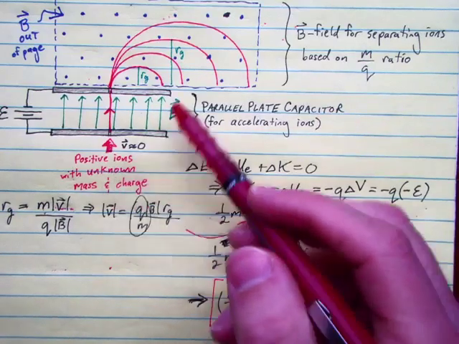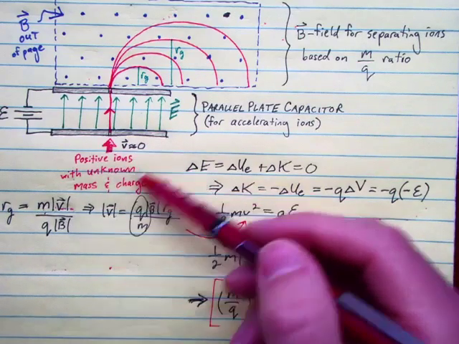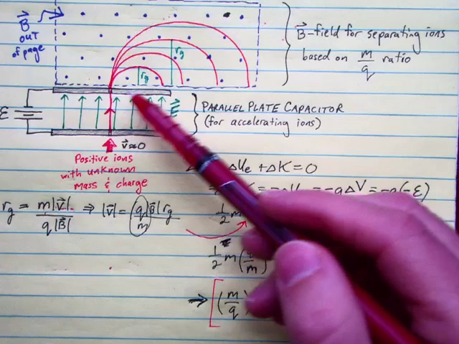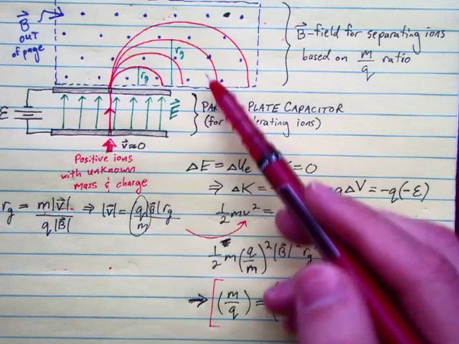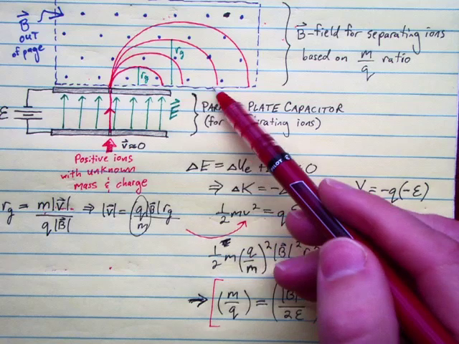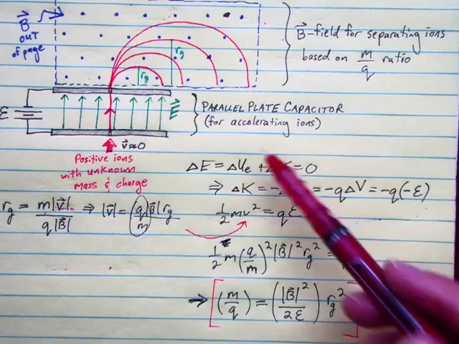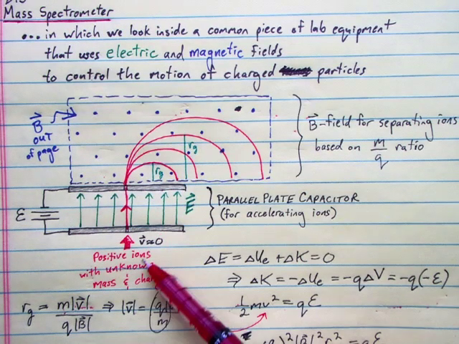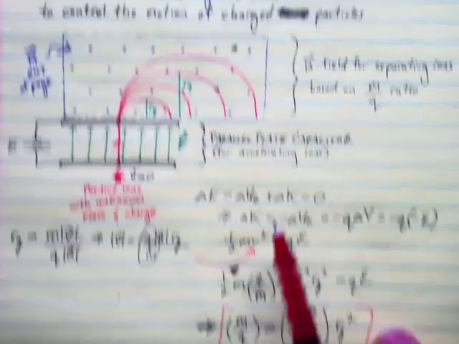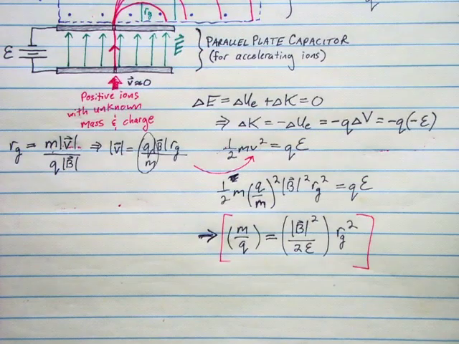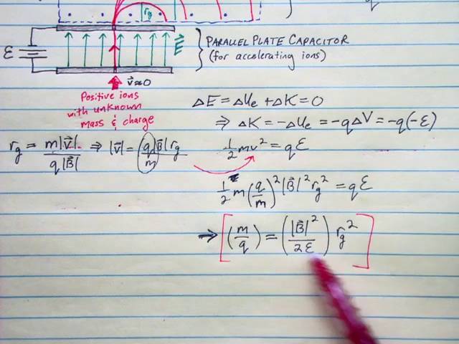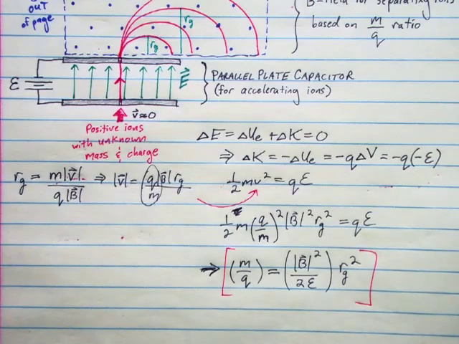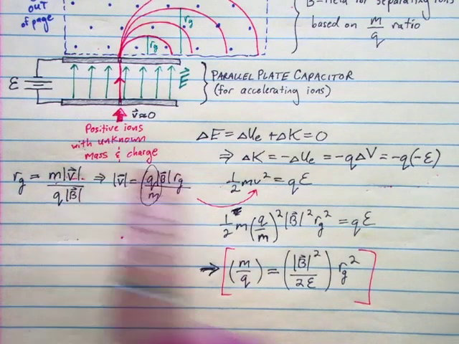So if our sample is composite, containing a number of different components, all with different mass to charge ratios, we'll record how many of each kind impact at these different radii, and we'll get the spectrum of all the masses of all the different components in our unknown sample. And we'll be able to do a bit of detective work to back out, based on that collection of mass to charge ratios, what the chemical composition of our sample might have been.